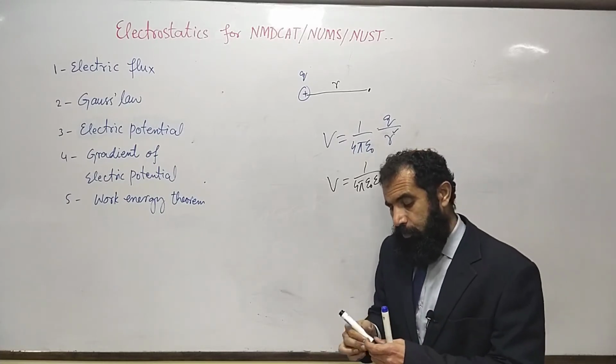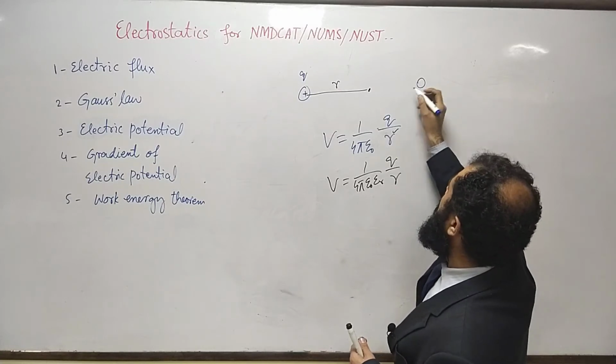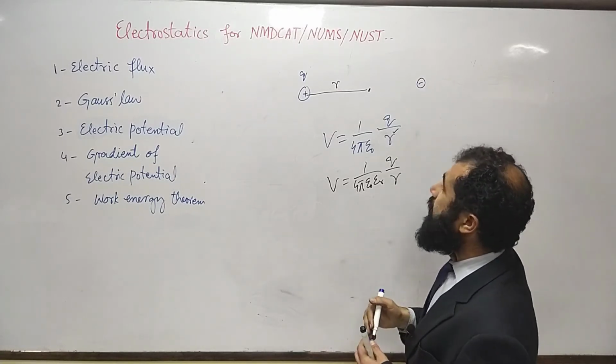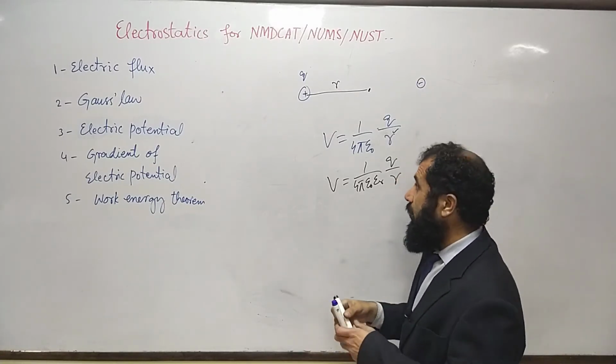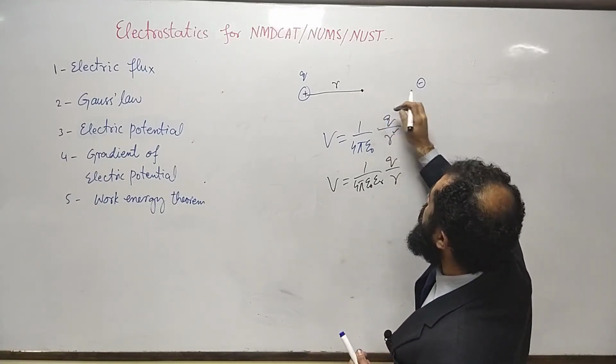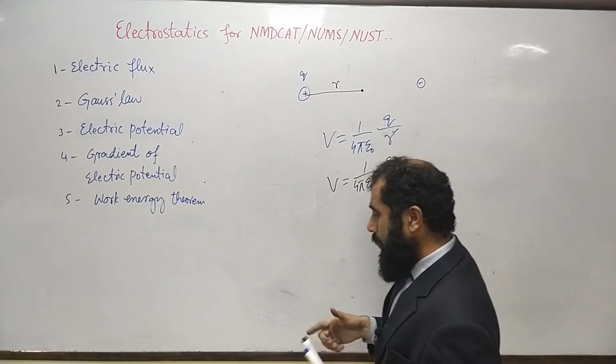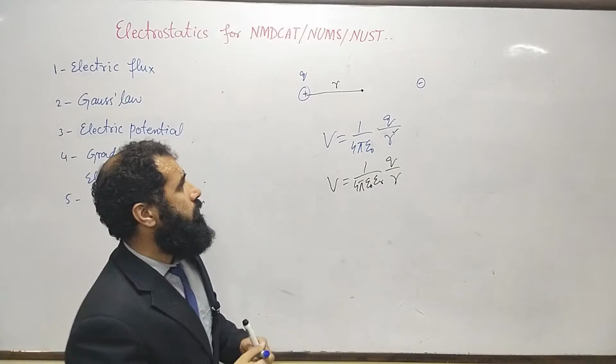And in case of two oppositely charged charges, like here I have some negative source charge, and I want to calculate electric potential because of these two. So what would I do? I would take an algebraic sum. How?